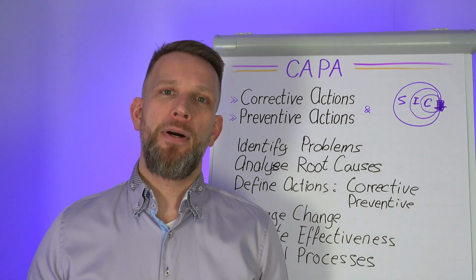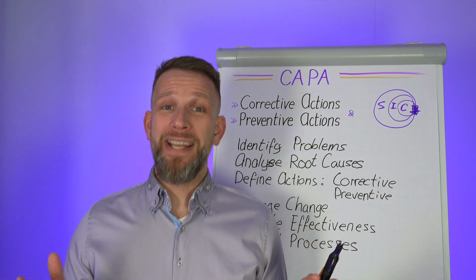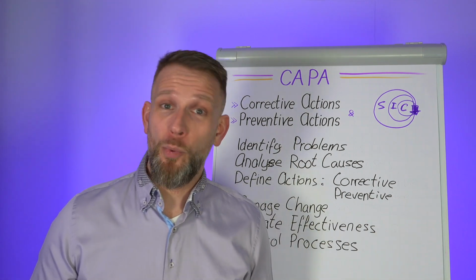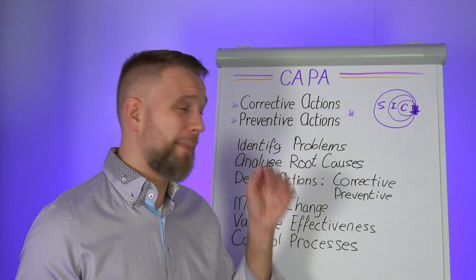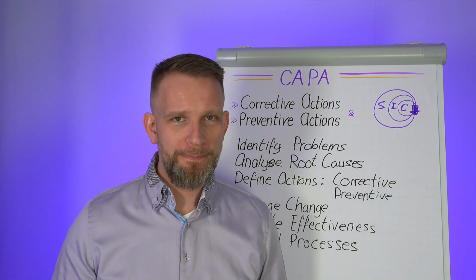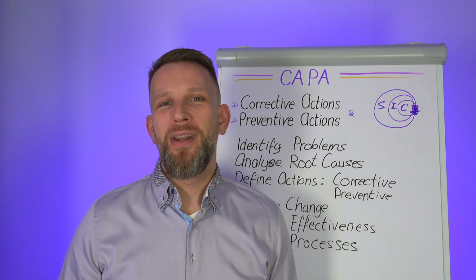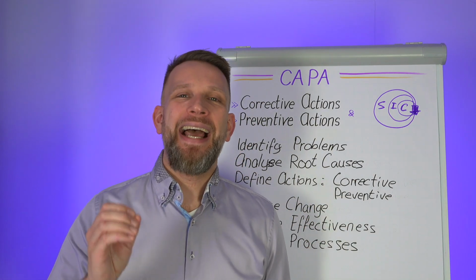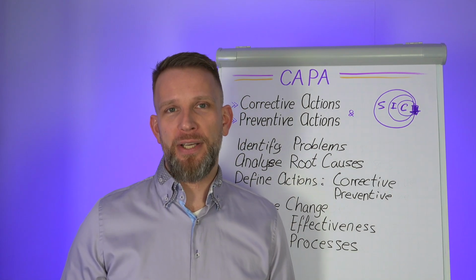This is a big part of your operational control. So I hope that clarified a bit on what CAPA is, that it opened your eyes to the fact that formally CAPA management is quite a bit more than just defining corrective and preventive actions, and that it also took out the needle in that it is, or it should already be, part of how you are running your operation right now.